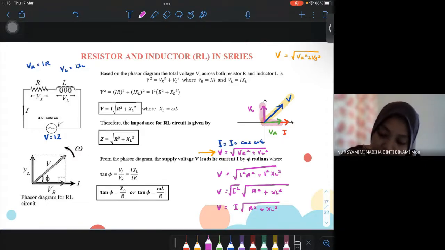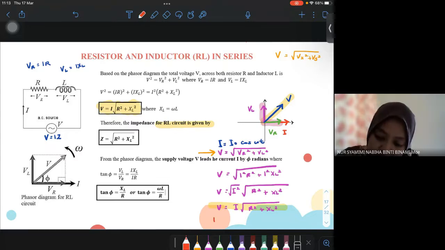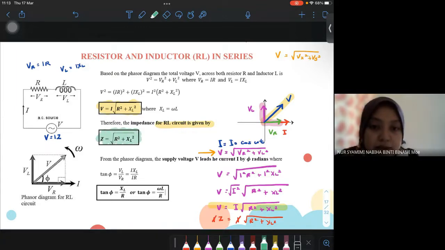So maka kita dapatlah this equation. Okay. Dan daripada that equation kita juga boleh jadikan dia dalam bentuk impedance. So kalau impedance untuk RL circuit, kita just gantikan V dengan IZ. So V is equals to IZ. So IZ is equals to I square root of R square plus XL square. Kita boleh cancelkan I. So Z is equals to square root of R square plus XL square.